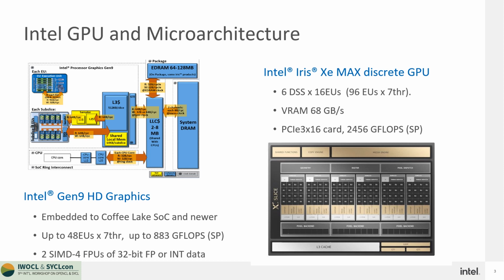The Iris Xe Max is a discrete GPU which scales up the number of execution units, also doing 7 threads simultaneously. It has its own RAM memory, and of course it's connected through the PCIe card to the main system.